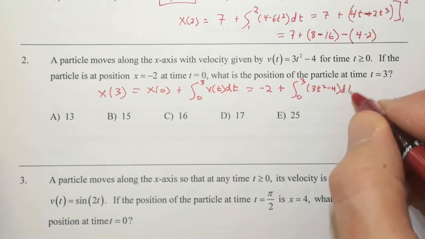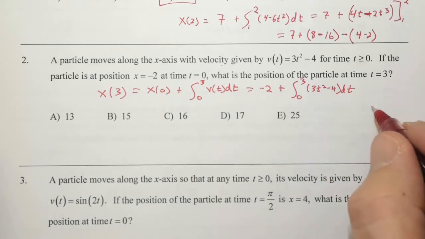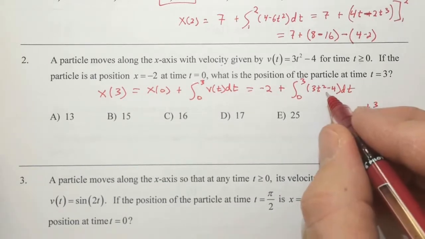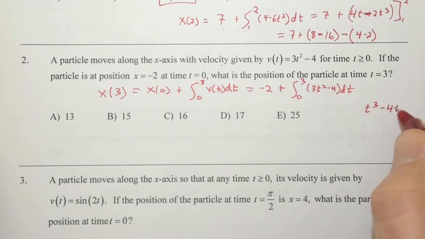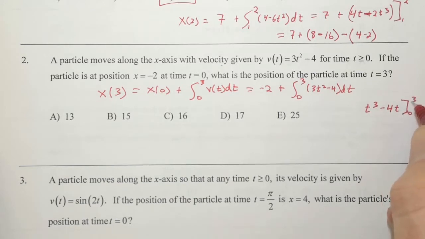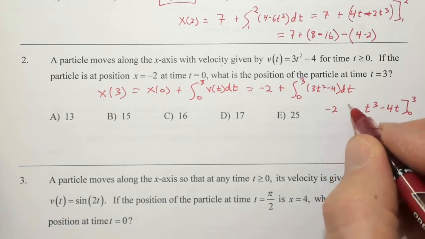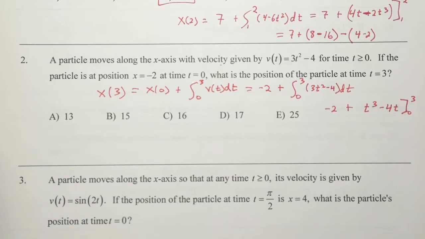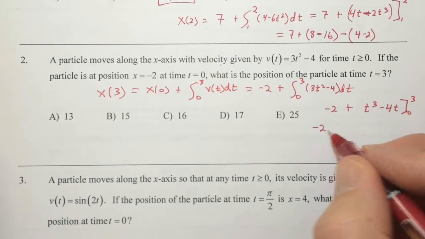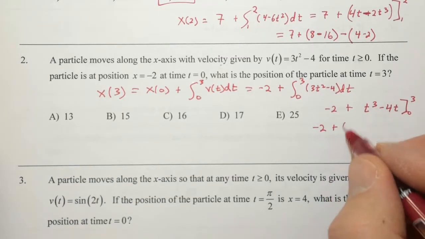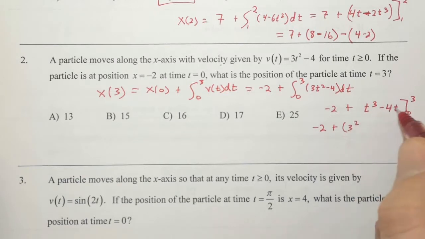So 3t squared becomes t cubed. 4 becomes 4t. That's being evaluated from 0 to 3. And then we're adding negative 2 to that. When we plug in 3, we have 3 cubed minus 4 times 3.